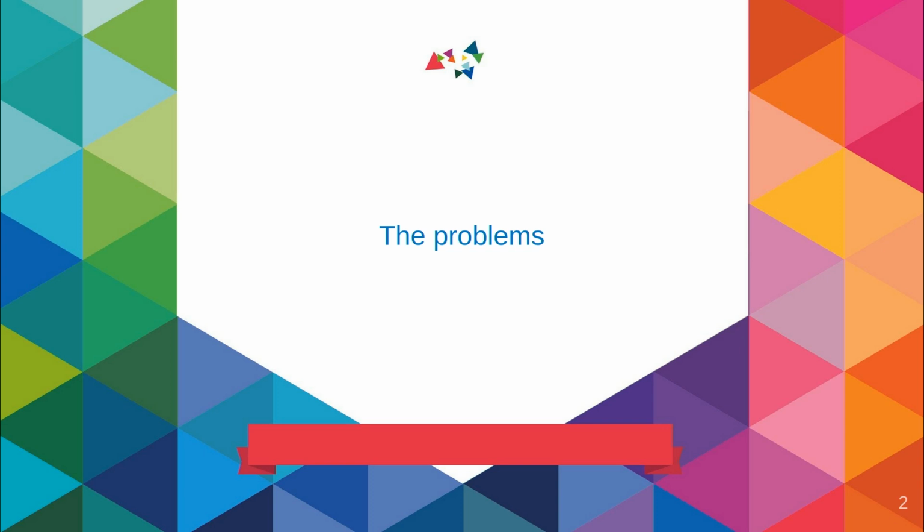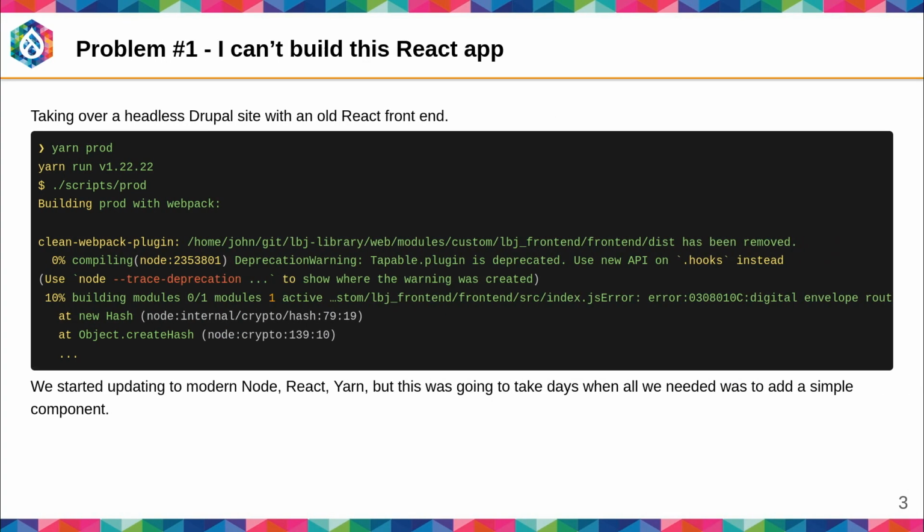So first of all, in one of our client sites, we had an ancient React library that wouldn't build with anything current. We started going down the path of updating React and Node.js, but we were just getting build errors.